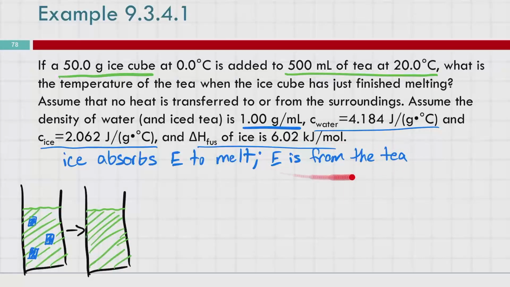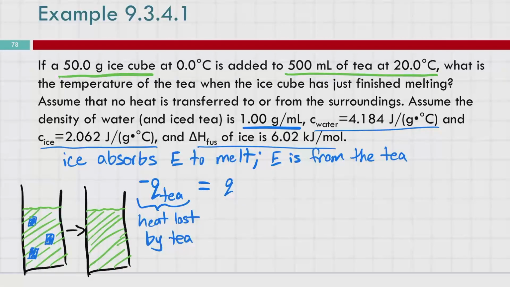So the energy is from the tea, which means the tea is losing energy. Q is what we use to specify heat. So the negative Q of the tea, this is heat lost by the tea, is equal to the Q of the ice.